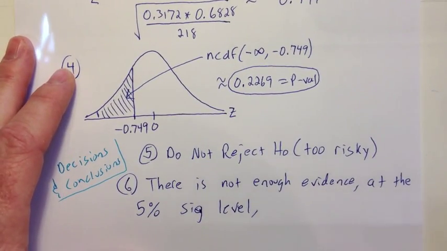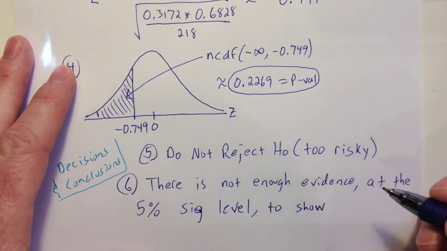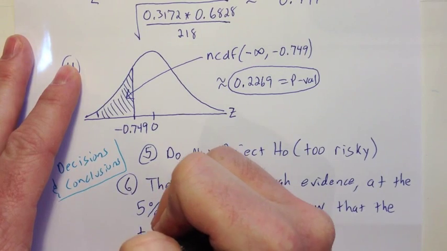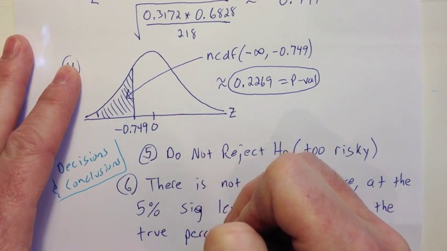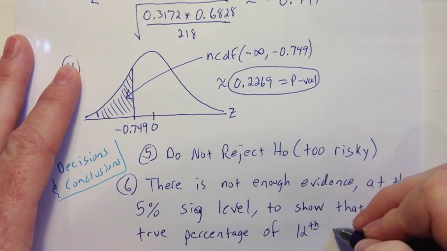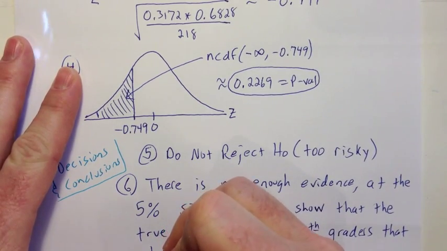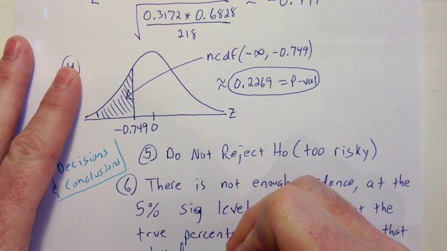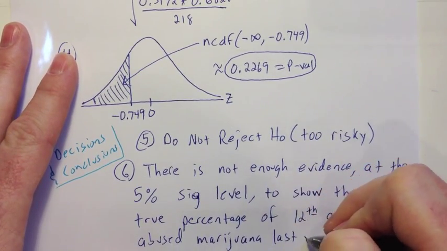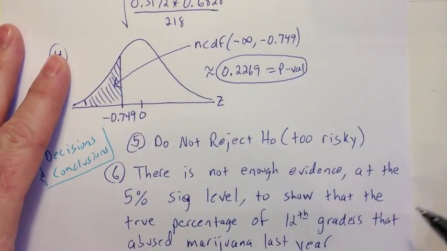So there's not enough evidence at the 5% significance level to show that the true percentage of 12th graders that abused marijuana last year, and then what we were trying to show was that that was less than 31.72%.